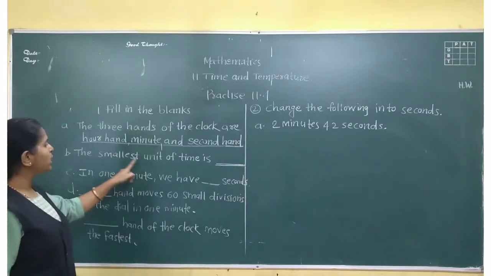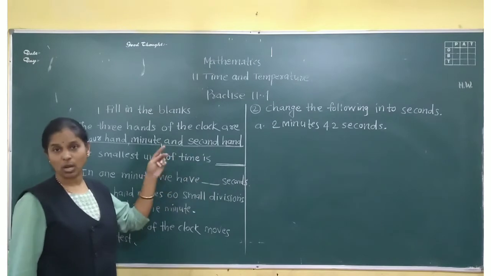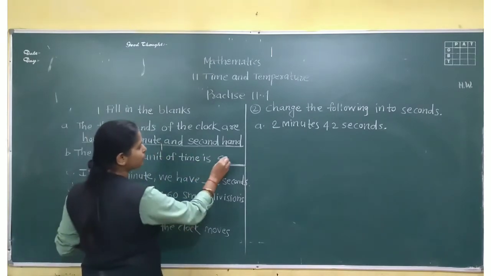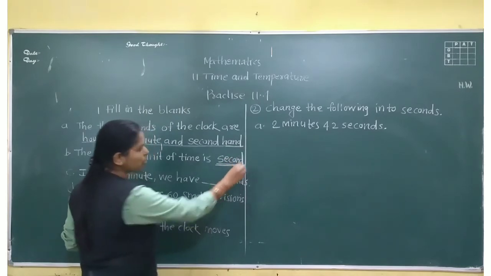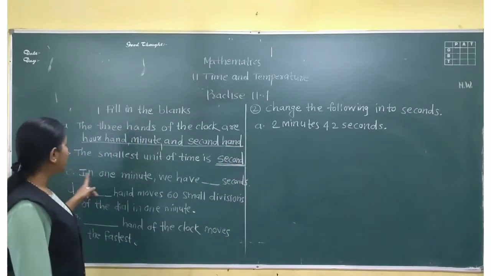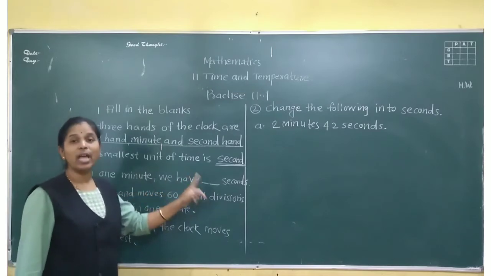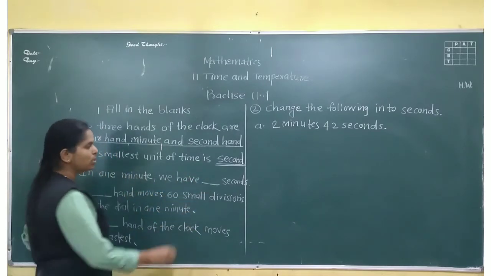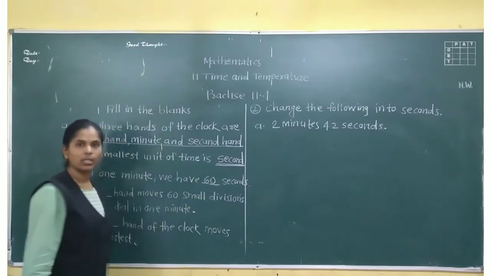Next, the smallest unit of time is, just now we learned, second. Second is the smallest unit of time. Then, in 1 minute, we have dash seconds. In 1 minute, how many seconds do we have? 60 seconds. Okay.